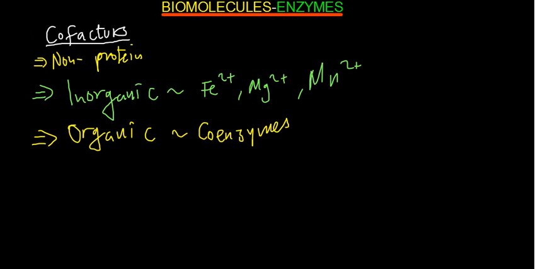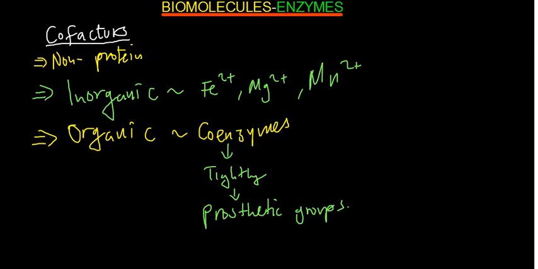So when these coenzymes tightly bind to enzymes, they are called prosthetic groups. Now coenzymes transport chemical groups such as hydrogen phosphates and alkyl halides from one enzyme to another. So that's their aim.